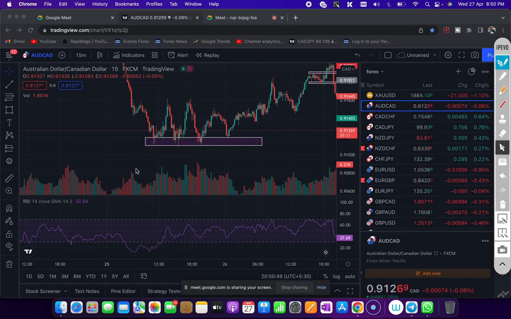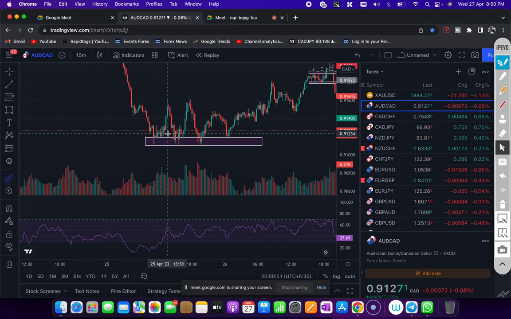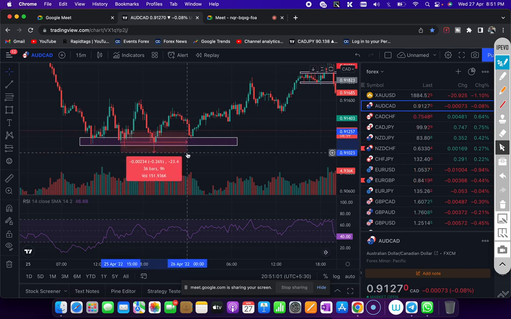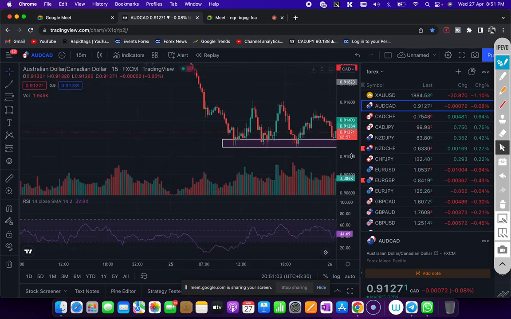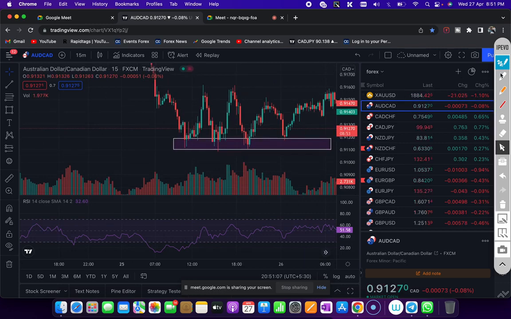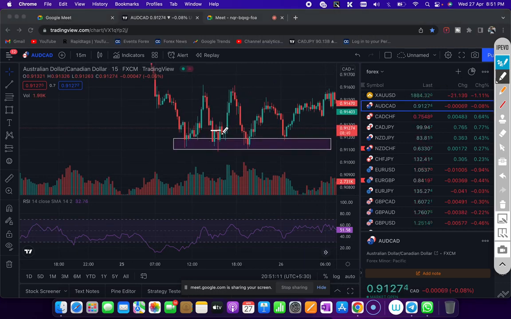So now in case of a double bottom, you will buy at this particular level by looking for any bullishness. Let's say you have found a bullish candle here, at this particular position, and then you think, okay, now I will buy.